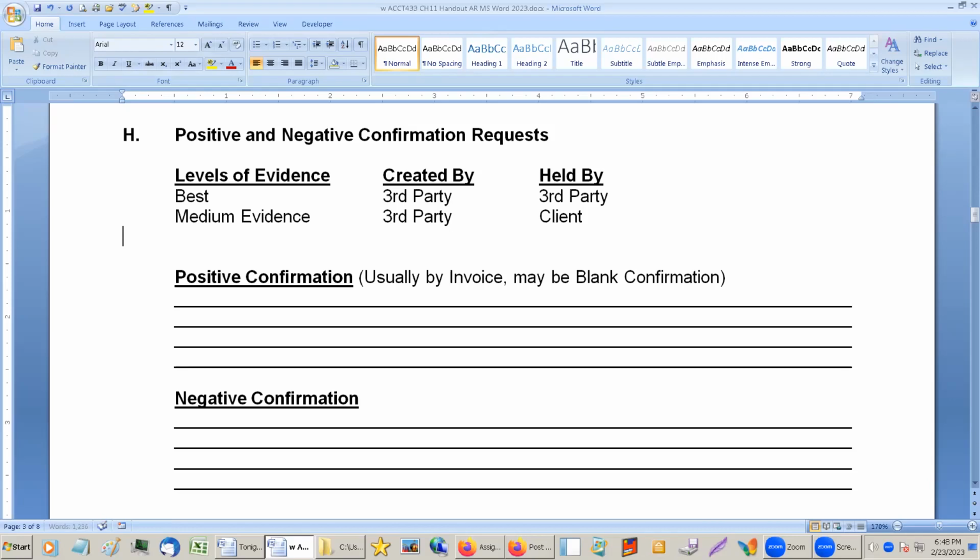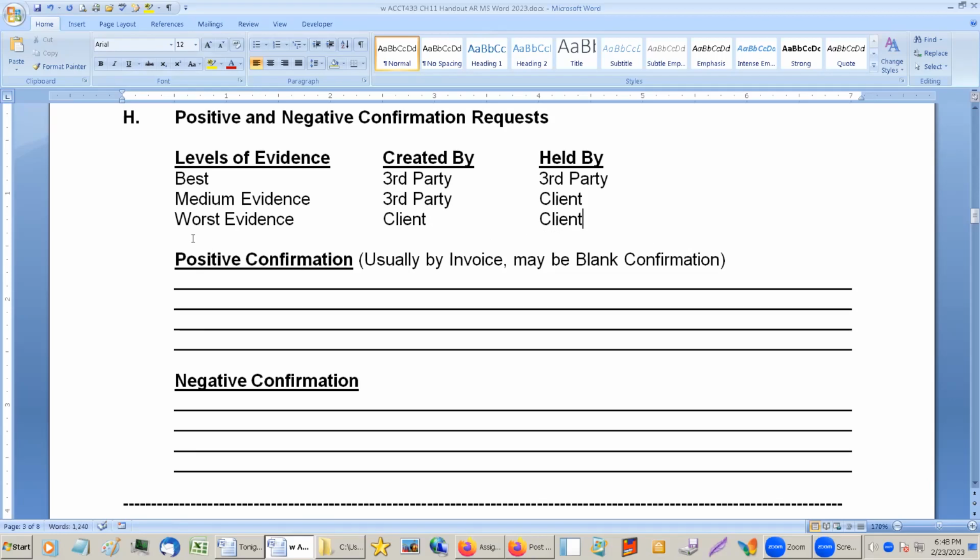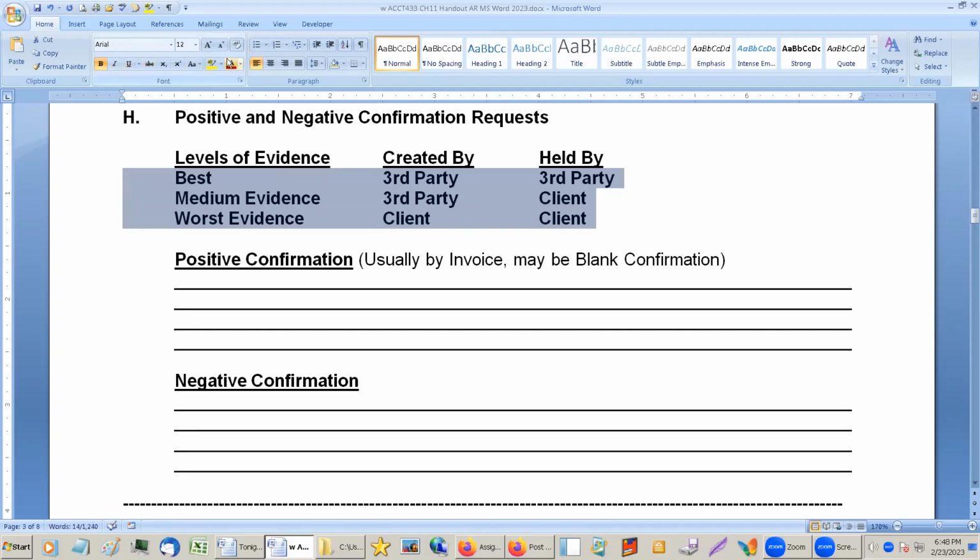Worst evidence is created by the client and held by the client. Okay, so best evidence is created by a third party and held by a third party, and it goes all the way down to the worst: client held, so the client made it and the client's holding it.